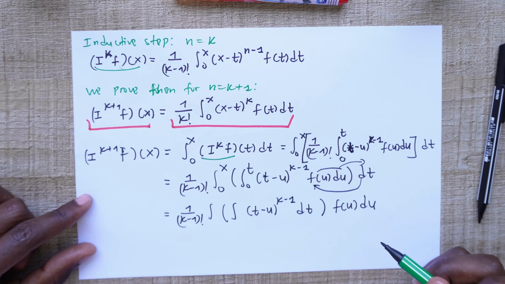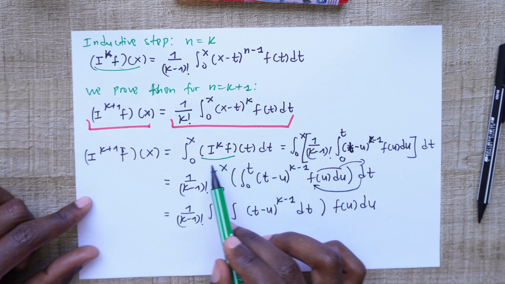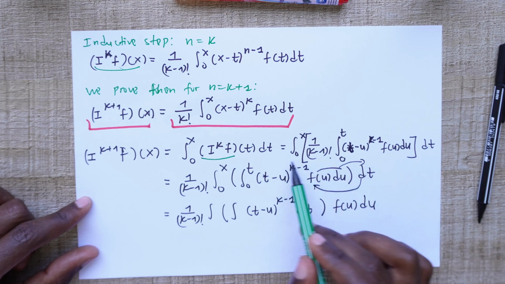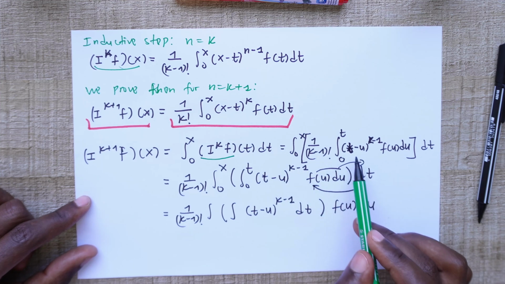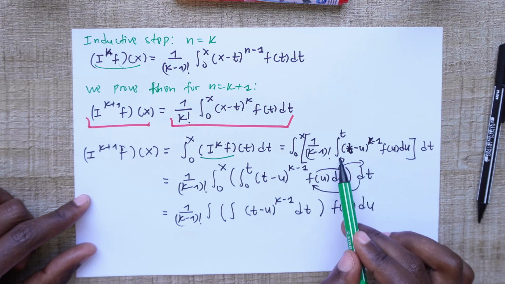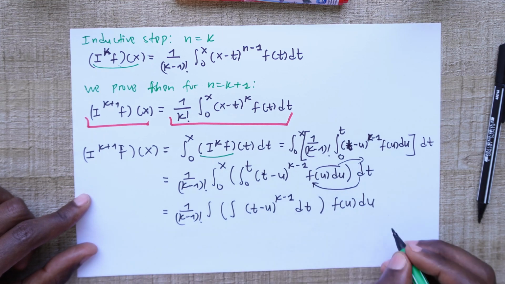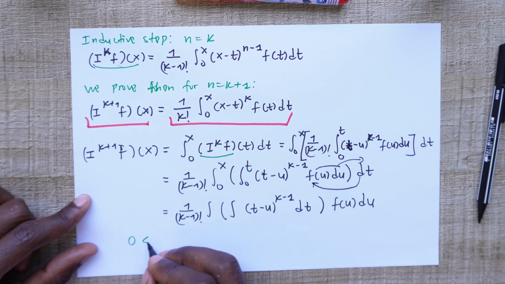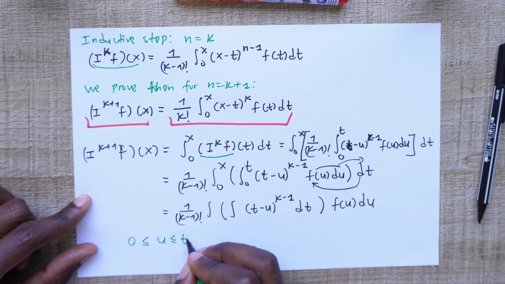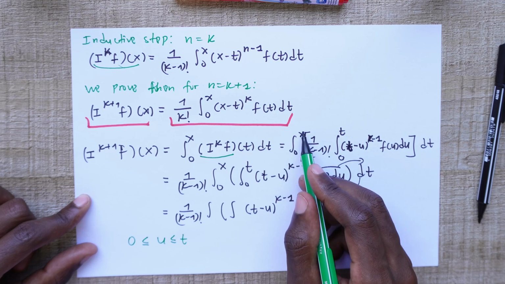And the way we do that is by simply recognizing that in this expression, we first ought to perform the integral with respect to u, and u was going from 0 to t. Hope you can see that. So u goes from 0 to t, and then we perform an integral where t goes from 0 to x.